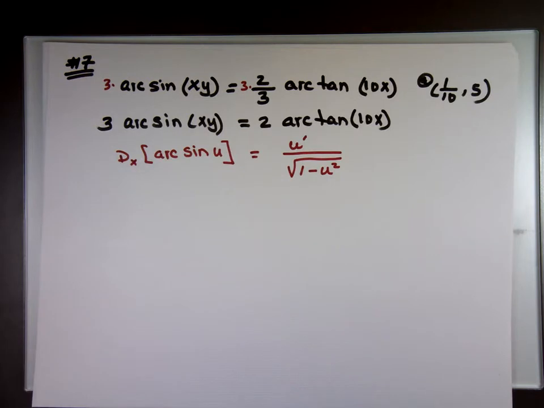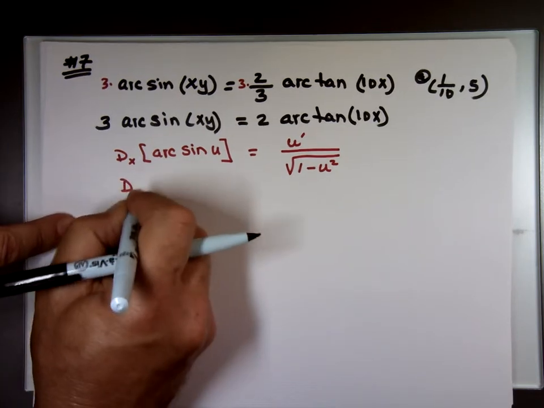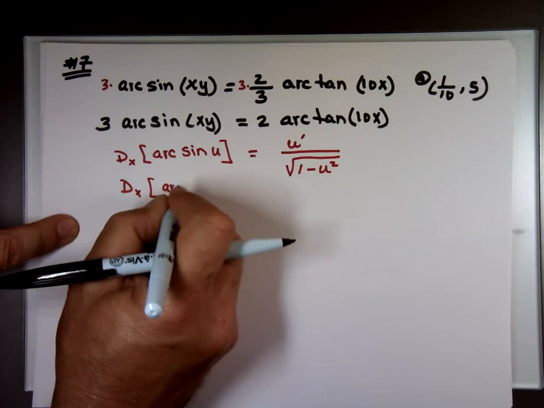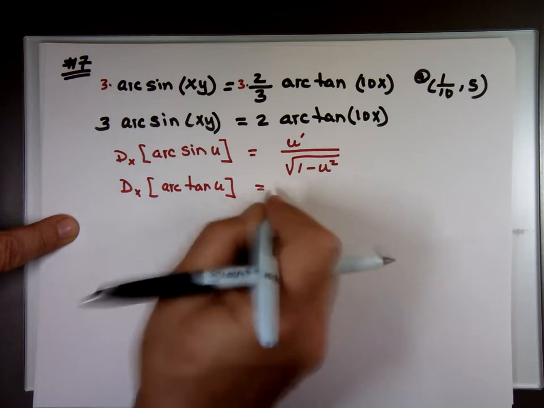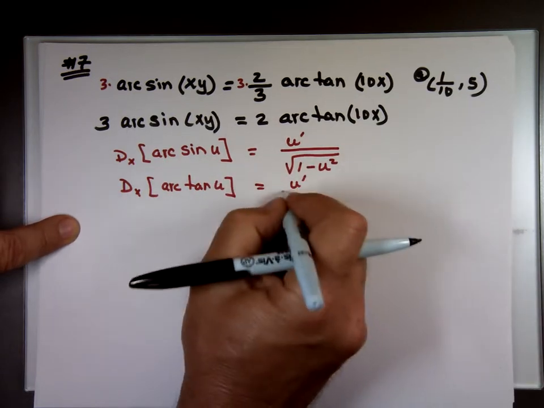The derivative of arc tan u is u prime over 1 plus u squared. Notice I keep writing them down because my memory is horrible. So by writing them down all the time, they stay fresh in my mind.